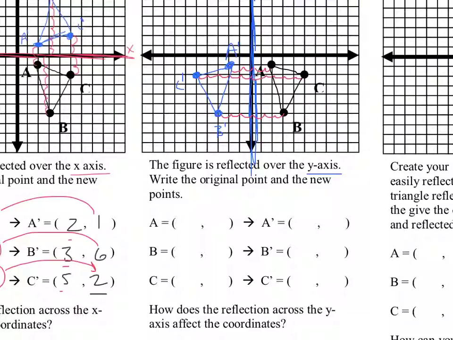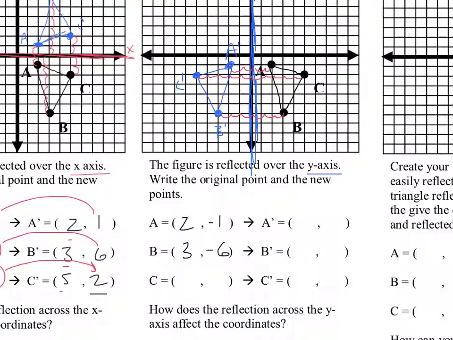Edgar? 2, -1 was our original coordinate for A. Original coordinates for B. Brandon? Yes. 3, -6.